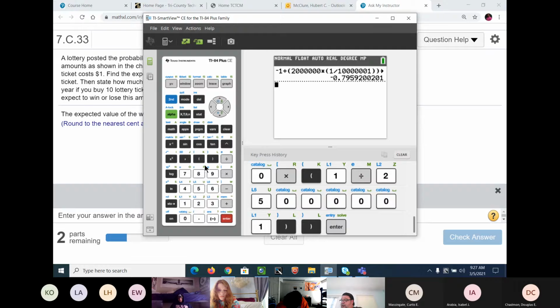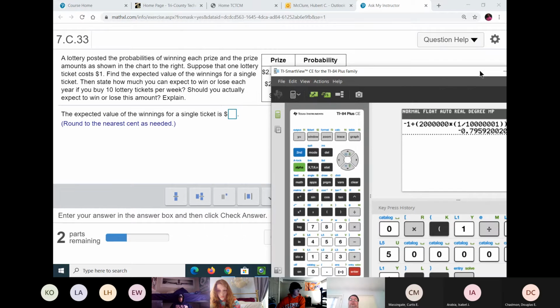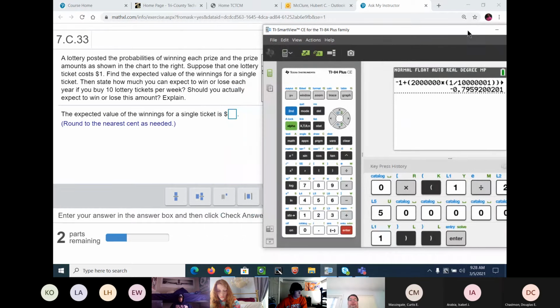So your expected value for every dollar you spend on a ticket is negative 80 cents. So what does that mean? That means for every ticket you buy, you've got an 80% chance of losing. Okay, pretty much. Now, what does it say after that? Oh, how many tickets? Now, I'm not going to go through the unit conversion because all of you are pretty good students.